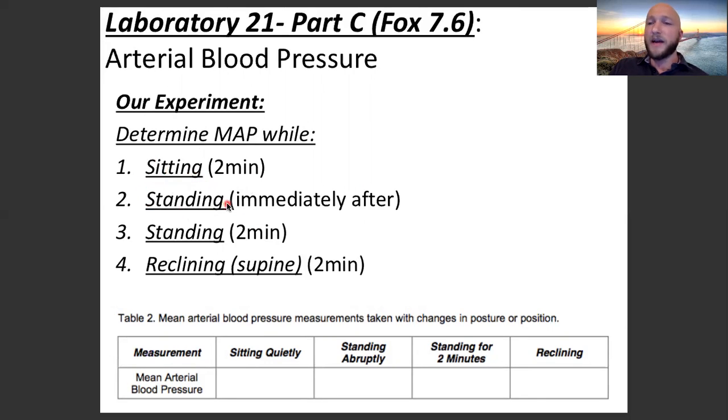Stand and calculate their blood pressure immediately after standing, and then calculate their blood pressure after 2 minutes of standing, and then calculate their blood pressure while they're reclining, laying down, or supine. Mean arterial blood pressure measures taken in changes in position or posture. How do you think their MAP is going to change? Their average blood pressure is going to change in these different positions, in these different situations?